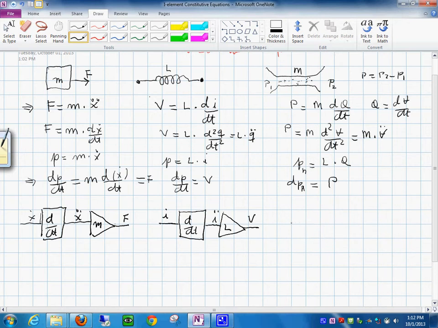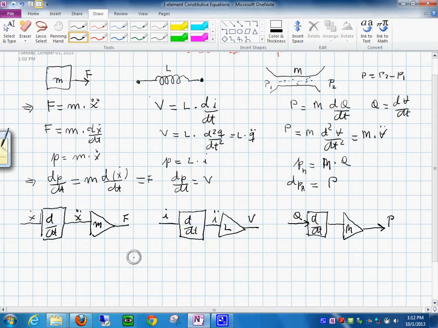This one here, you have that the input is Q, and then this gets differentiated, and then multiplied by M, and out of this is going to come P. So this is the block diagram.